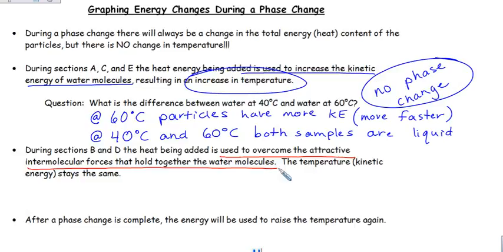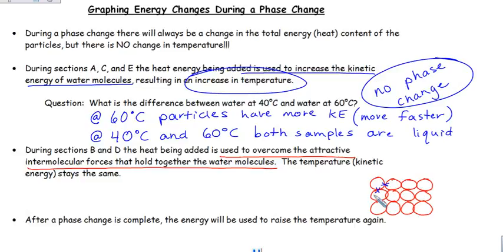So think about it like this. If I have a solid, the particles are packed pretty tight together. Here's my solid, my ice cube, or whatever it might be. So the energy first gets absorbed by the outer particles, and what I want to do is break this attractive force that's holding these particles together.